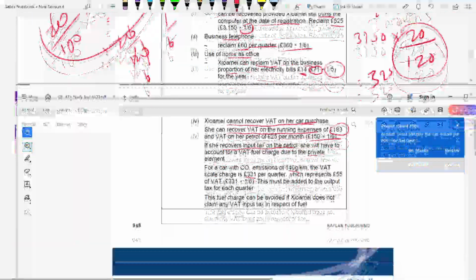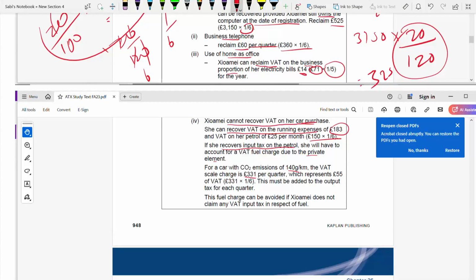So now, if you take this 331 into 1 divided by 6, take the VAT, 55. So the VAT scale charge is 331. You have to find the VAT, which is 55. This you have to add to the output tax for each quarter.